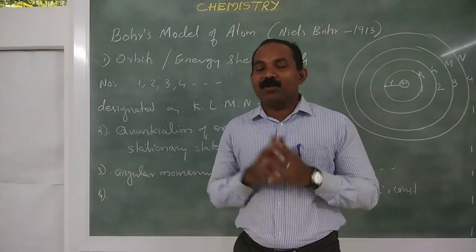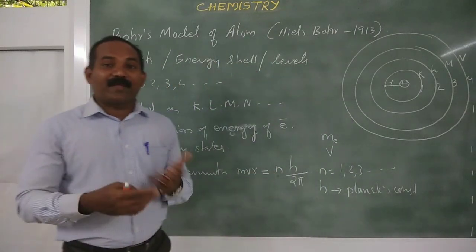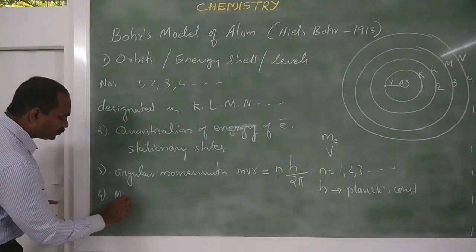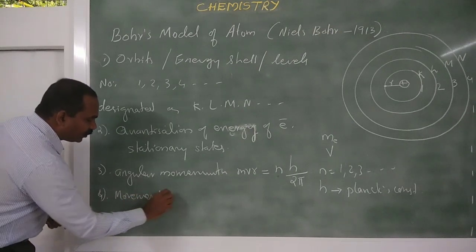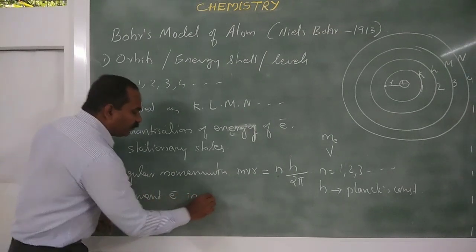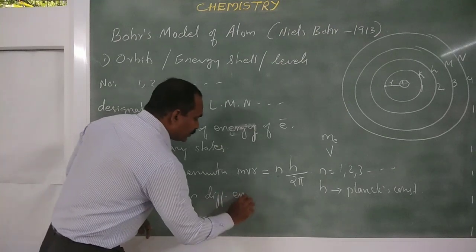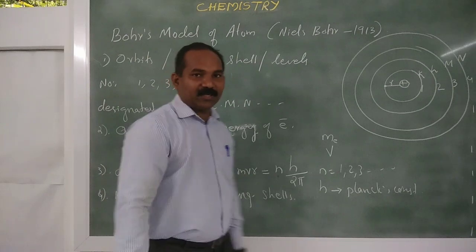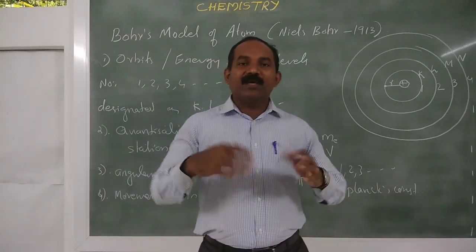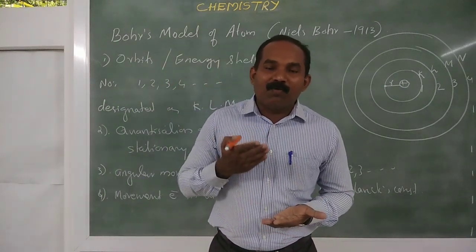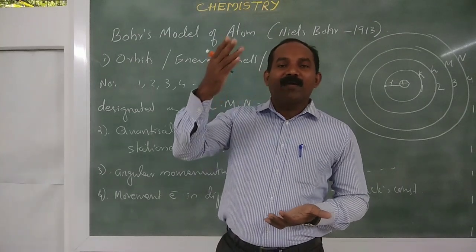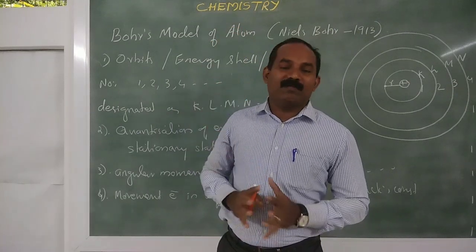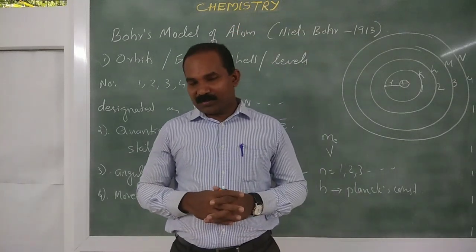Then the fourth point is absorption and emission of energy: movement of the electron in different energy shells. When the electron absorbs energy, it moves from a lower level to a higher level. When the electron emits energy, it moves from a higher level to a lower level. That's about the fourth point.